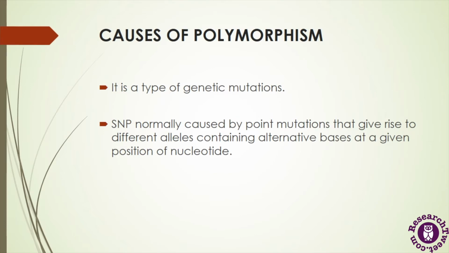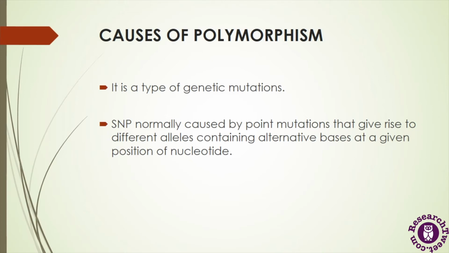Now let's discuss the causes of polymorphism. Basically, polymorphism is considered a type of genetic mutation, caused by several different types of point mutations in the organism. These point mutations give rise to different alleles which contain alternative bases at a given nucleotide position.